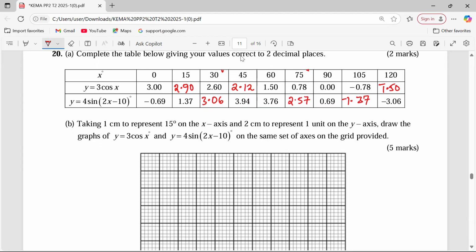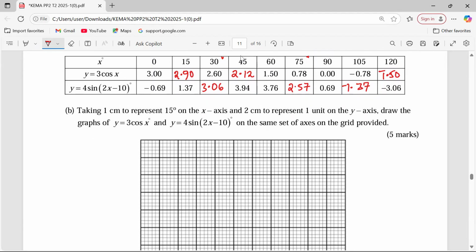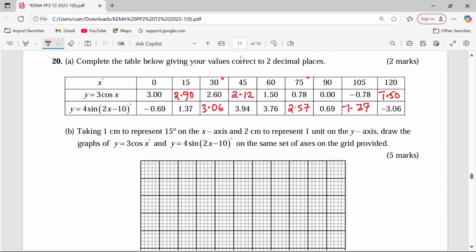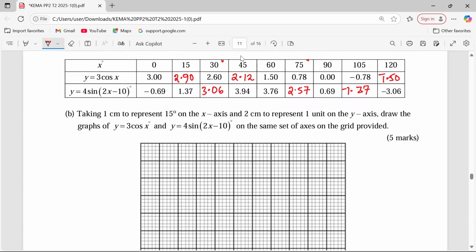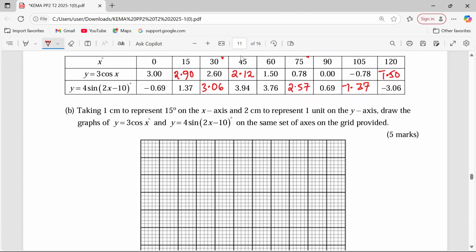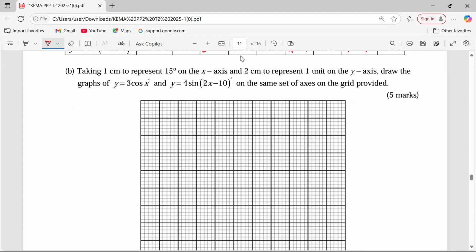And now we are to proceed to the second part of this trigonometric question. Taking 1 centimeter to represent 15 degrees on the x-axis and 2 centimeters to represent 1 unit on the y-axis, draw the graph of y equals 3 cosine x and y equals 4 sine of 2x minus 10 degrees on the same set of axes on the grid provided.